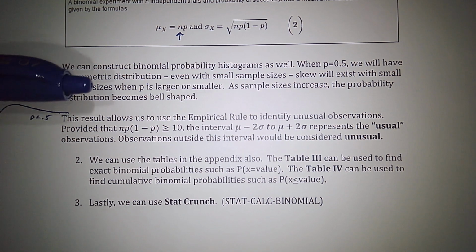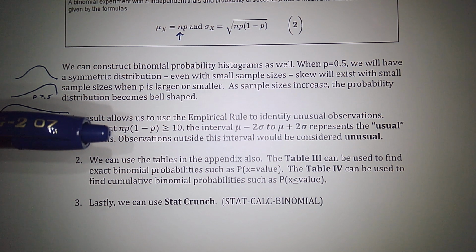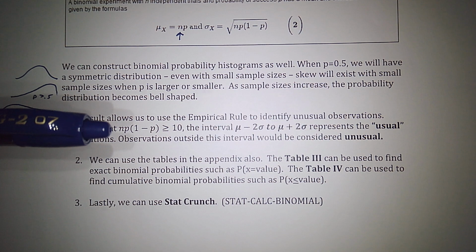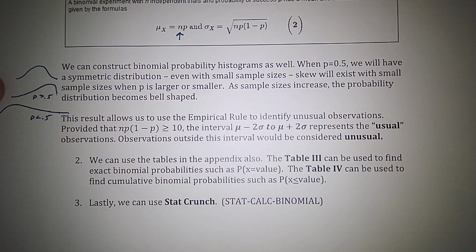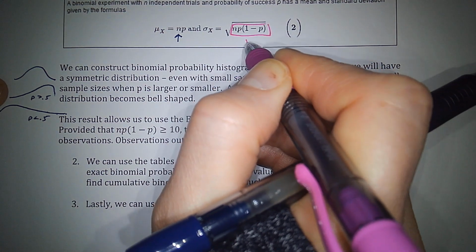However, as the sample size begins to increase, the probability starts to become more bell-shaped. This result allows us to use what's called the empirical rule to identify unusual observations, provided that n times p times 1 minus p is greater than or equal to 10. Everything underneath this radical, this is what's called your variance.